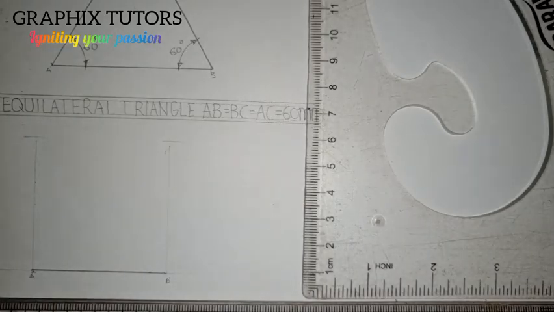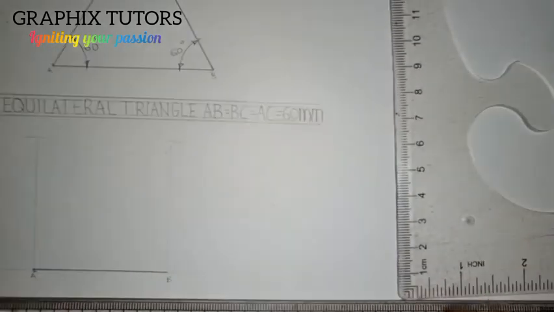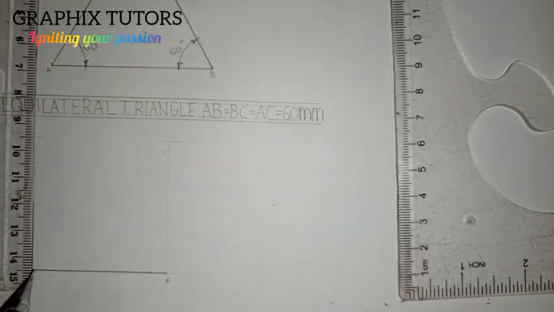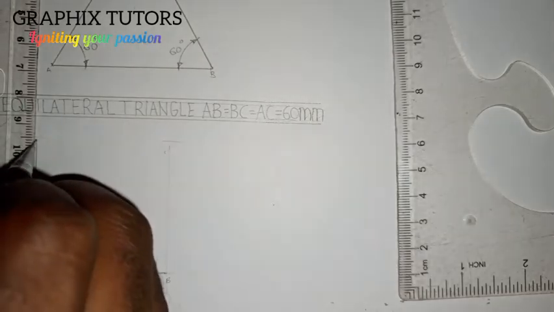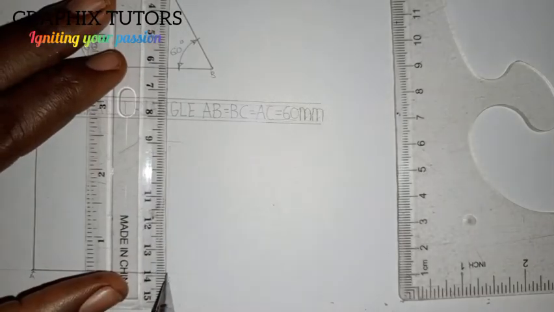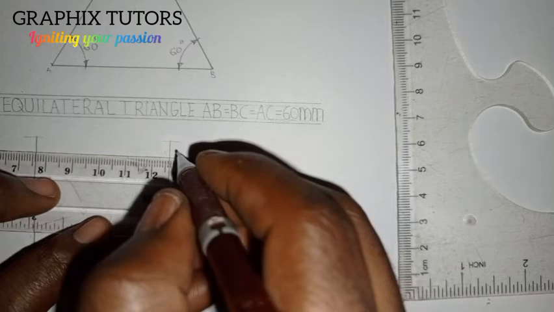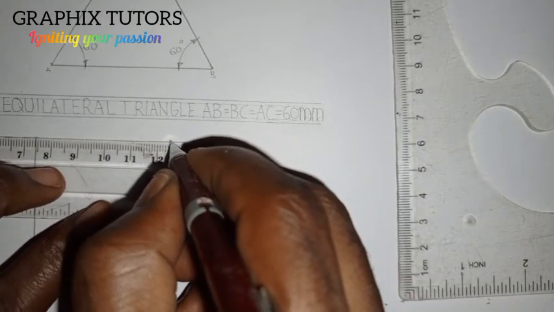So where they meet, I'm going to thicken them. So from A, it ranges up to this point, and from B, it ranges up to this point. So this is what we are having here.